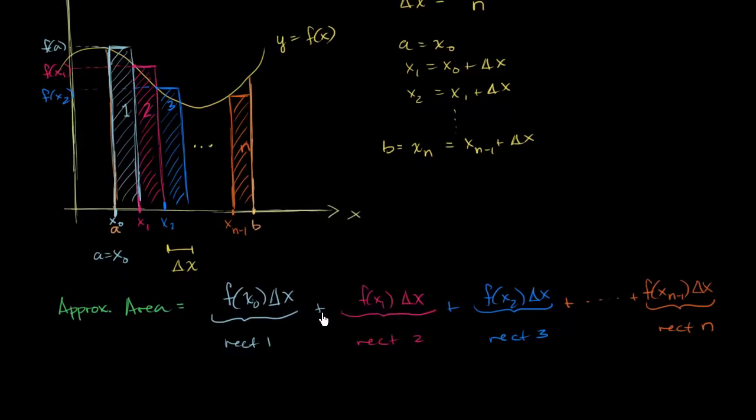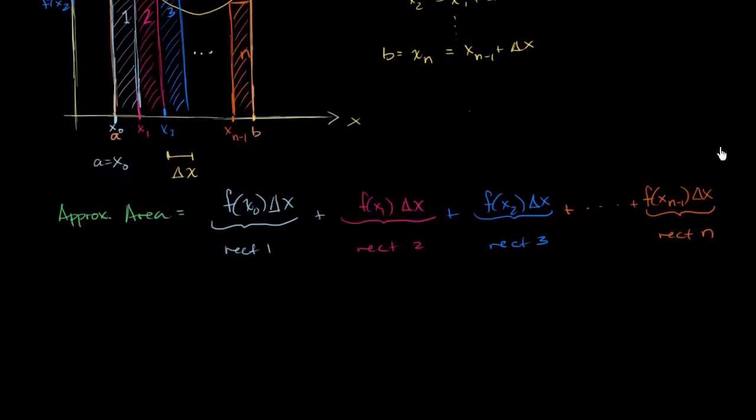But to really make us comfortable with the various forms of notation, especially the types of notation you might see when people are talking about approximating areas or sums in general, I'm going to use the traditional sigma notation. So another way we could write this is as the sum, from, and remember, this is just based on the conventions that I set up, I'll let i count which rectangle we're in, from i equals 1 to n.